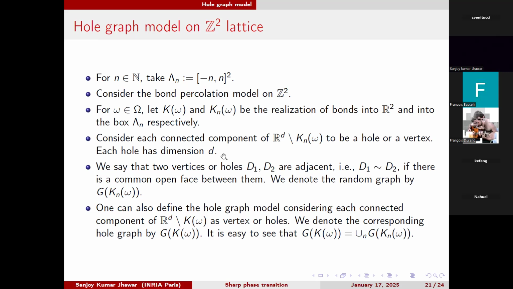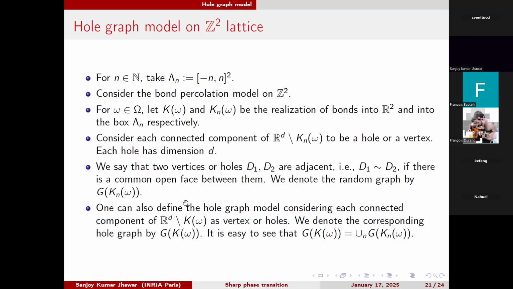They are like unions of cubes, and we call such a union of cubes a hole in the space. You say that two holes D1 and D2 are neighbors if there exists a common bond between them.